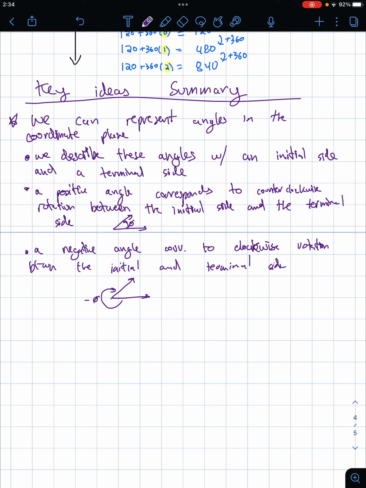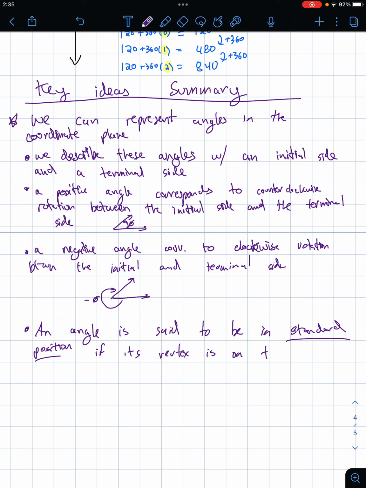Let's keep this under the theme of angles. And then one more: an angle is said to be in standard position, key term here, if its vertex is on the origin and its initial side is on the x-axis. We're basically exclusively dealing with these, at least for the time being.